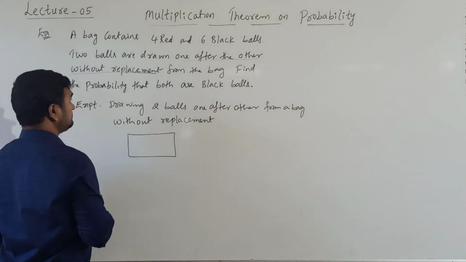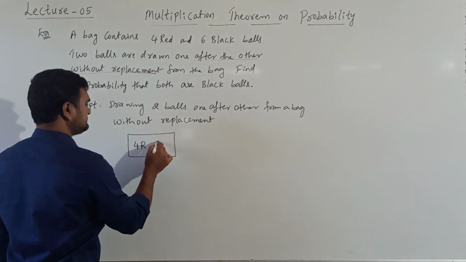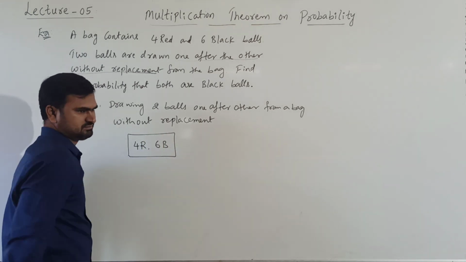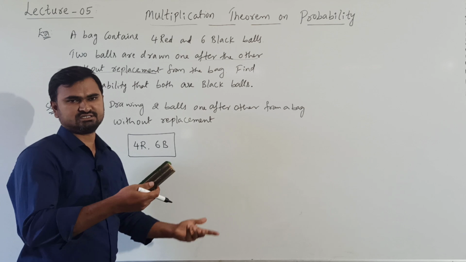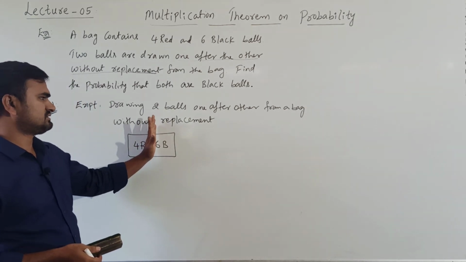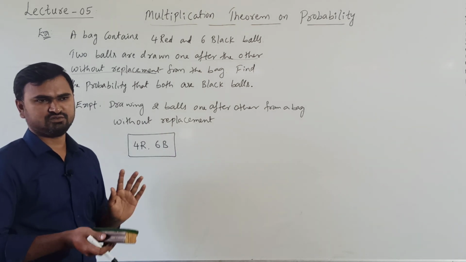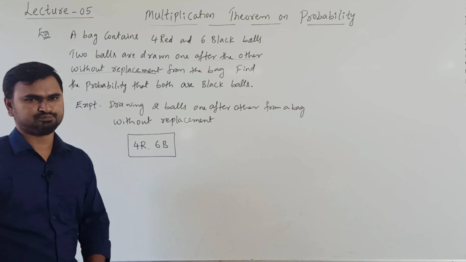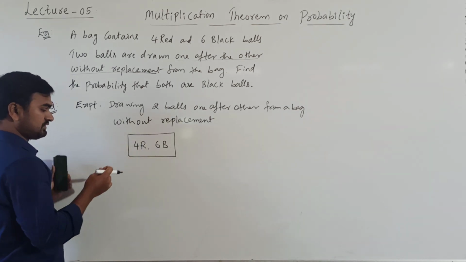Suppose this is a bag which contains 4 red and 6 black balls. If it is with replacement, what will be the answer? That we will see in the next session. In this session we study without replacement, then we will study with replacement, and then we can understand the difference between the two. So this is a bag containing these two types of balls.